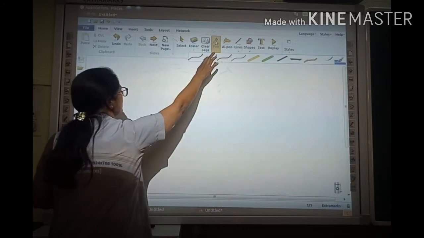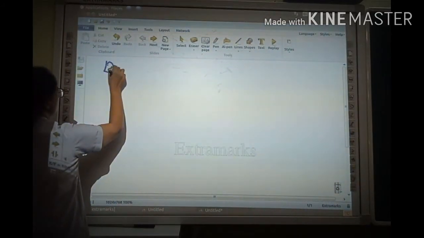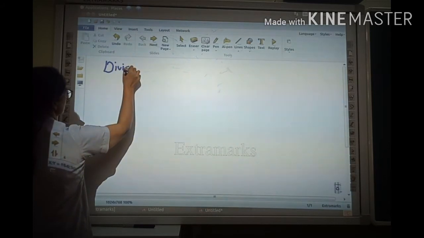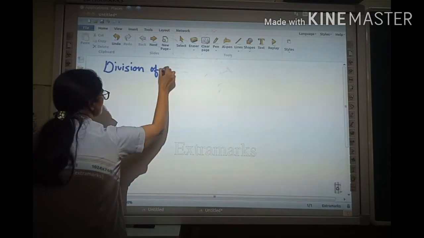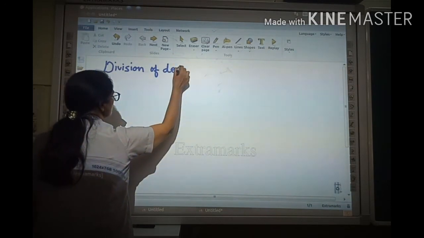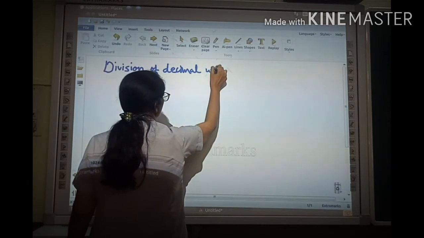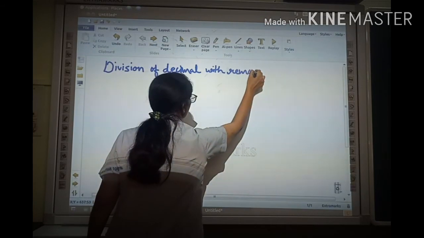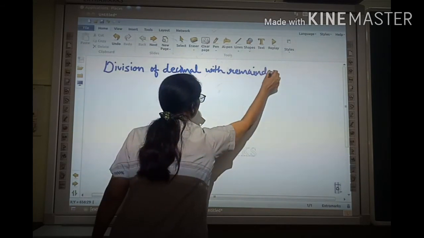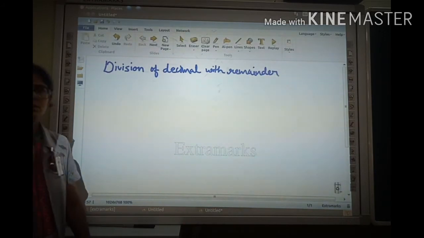Okay, now I will explain division of decimal with remainder. With remainder means by putting the extra zeros you can solve the sum.